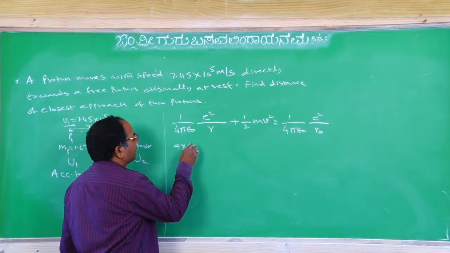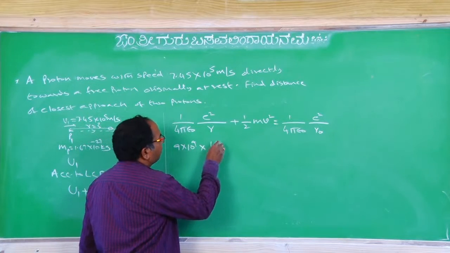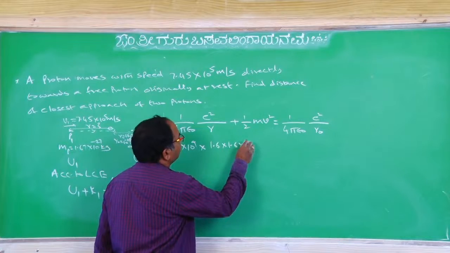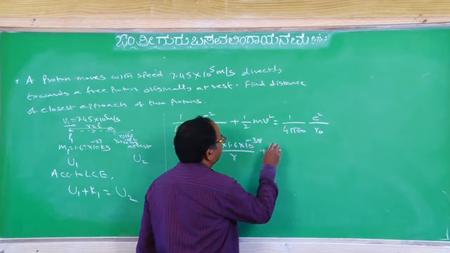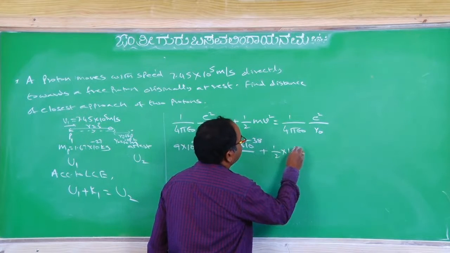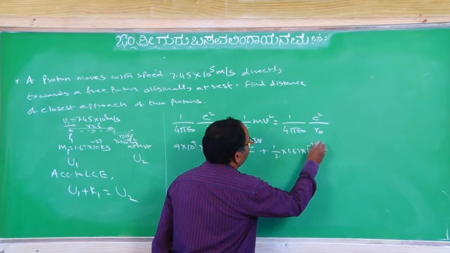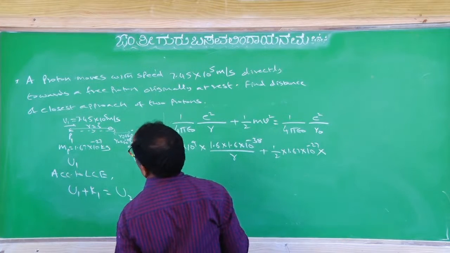So, 9 into 10 to the power of 9, e square means 1.6 into 1.6 into 10 to the power of minus 38, divided by R, plus half into 1.67 into 10 to the power of minus 27 into v square.